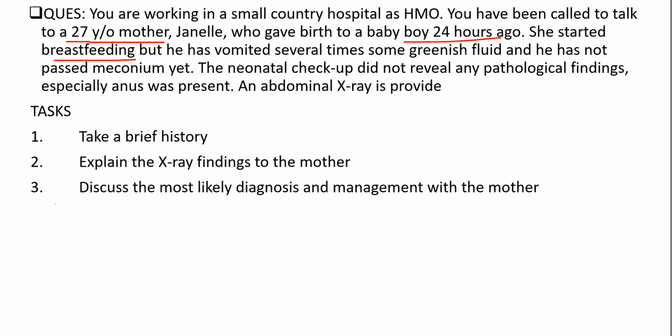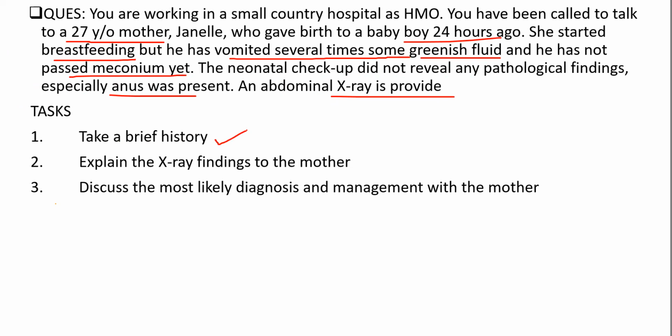She started breastfeeding, but he has vomited several times some greenish fluid and hasn't passed meconium yet. The neonatal checkup did not reveal any pathological finding, especially anus was present. An abdominal X-ray is provided.